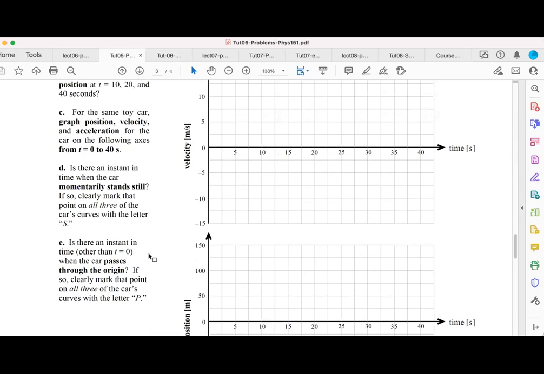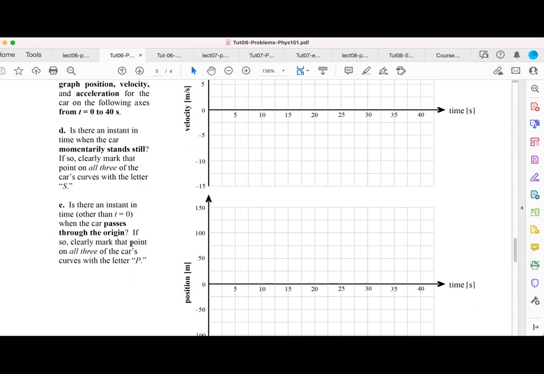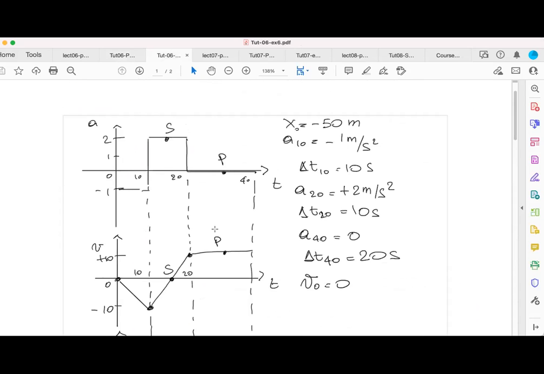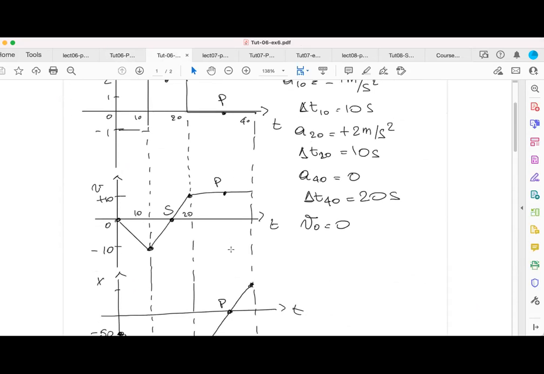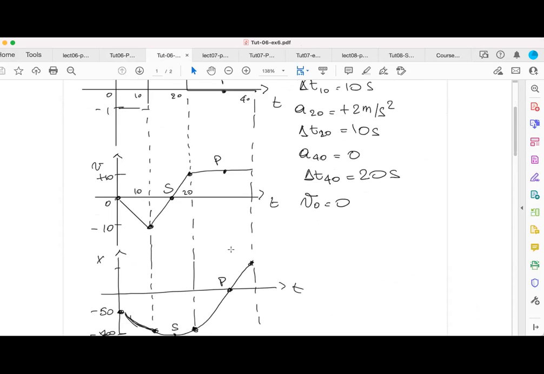Then, is there an instant of time where the car passes through the origin? If so, clearly mark this with P. So when is it passing through the origin? To pass through the origin, we are speaking about the position.